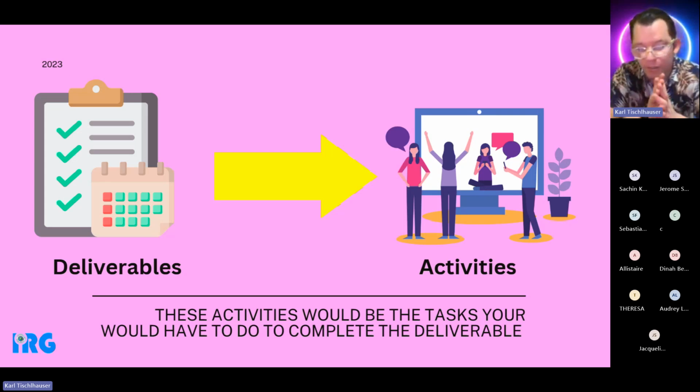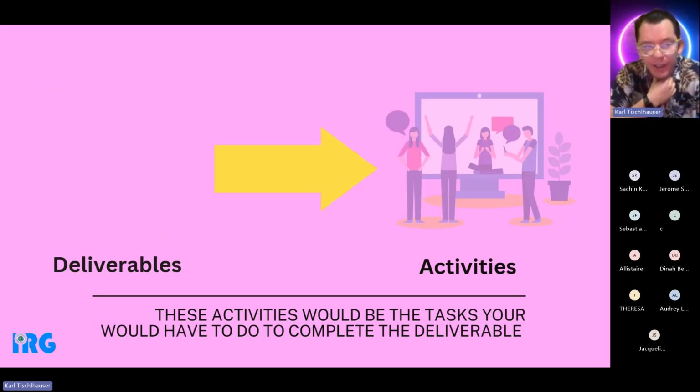So if a deliverable is to lay the foundation, the first thing we need to do is clean the site. Second thing would be to mix the cement. All those little things, you'd have to dig at some point. All of these things are activities that form part of the deliverable of laying the foundation. That's what we're looking for. That's the kind of presentation I want to see.